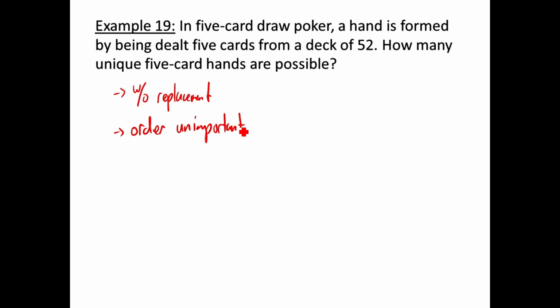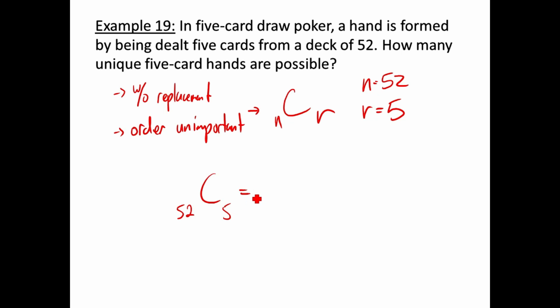So without replacement and order unimportant means we're doing a combination. And what is our N? 52 cards. And how many are we going to get? 5. So the answer is going to be 52 choose 5.